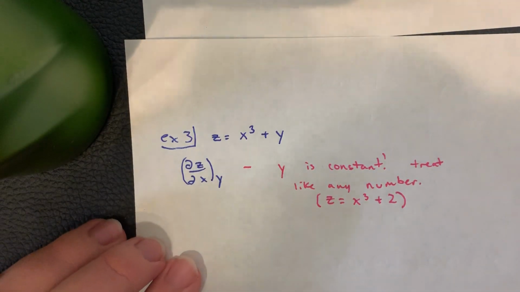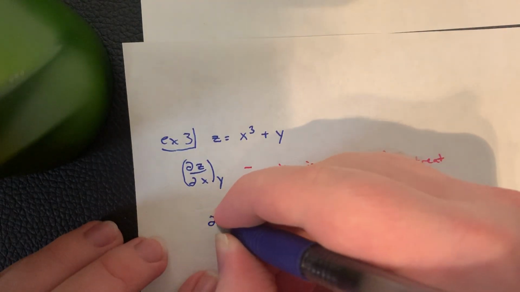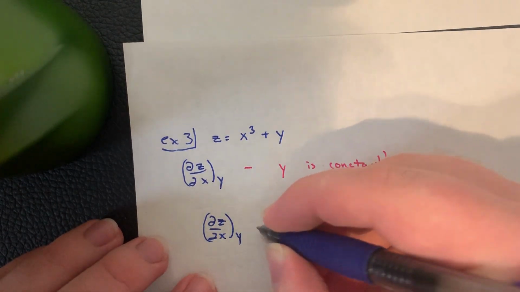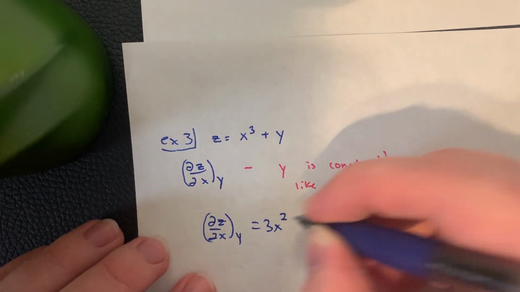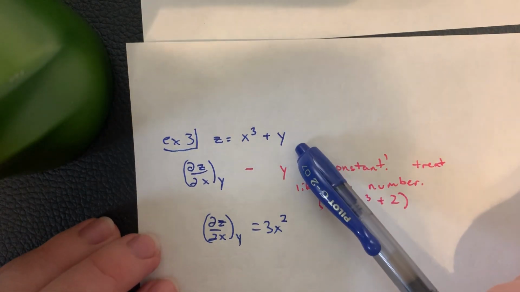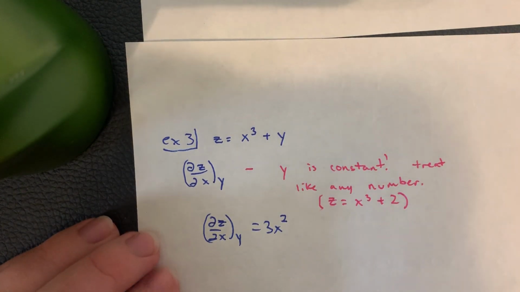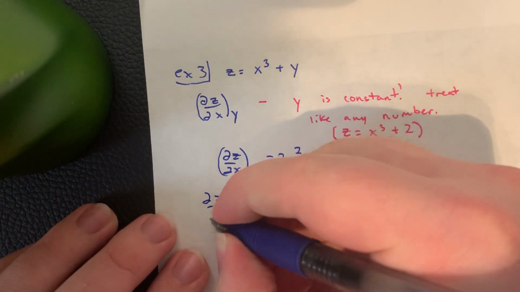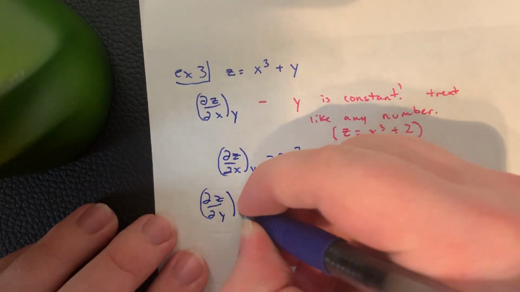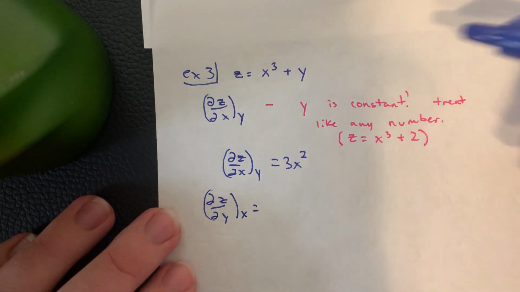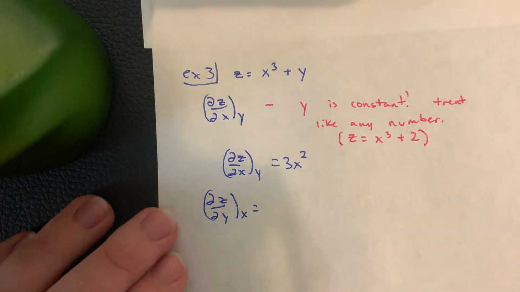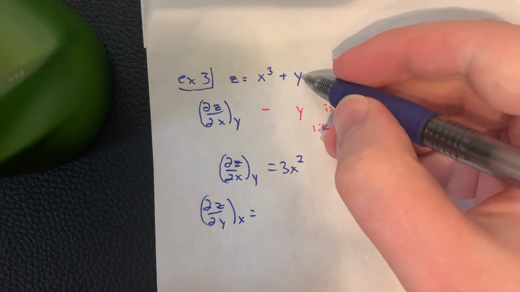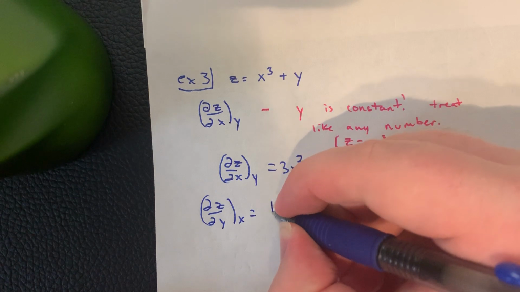So if y is constant, then partial z partial x holding y constant is just going to be 3x squared, because that y is a constant, and the derivative of a constant is 0. And then we have partial z partial y holding x constant. Since the x term is constant, we can call that a number if we wanted to. And the derivative of y is 1.